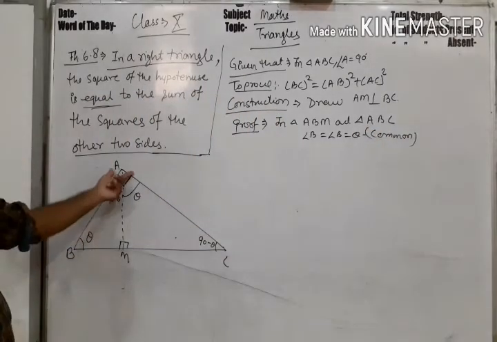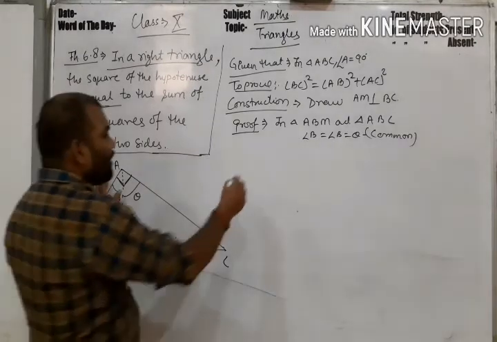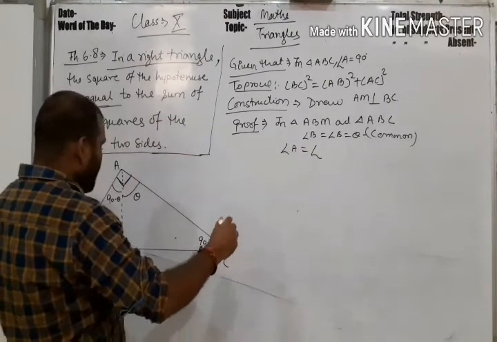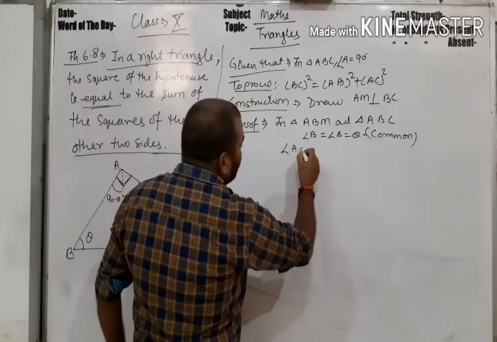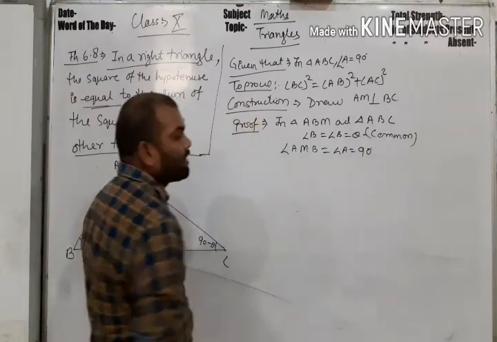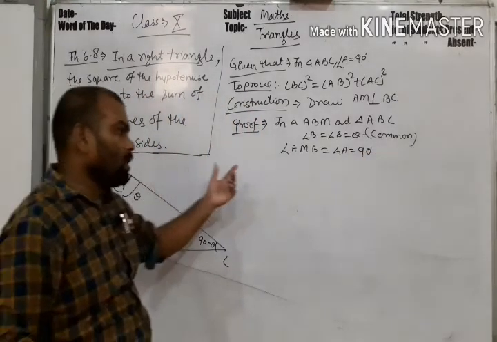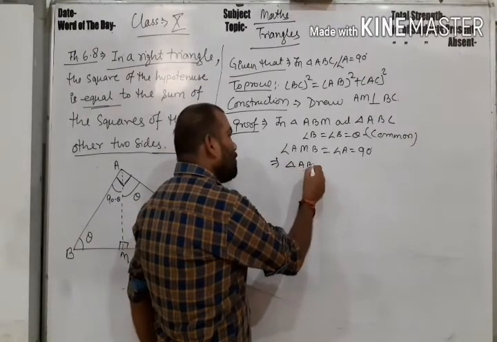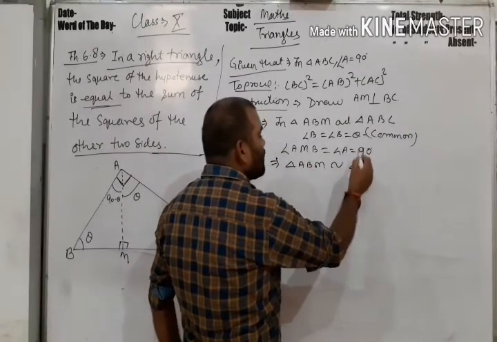And we can take this angle as 90 degree: angle AMB is equal to angle A is equal to 90 degree. So two angles we have got. That means triangle ABM is similar to triangle.